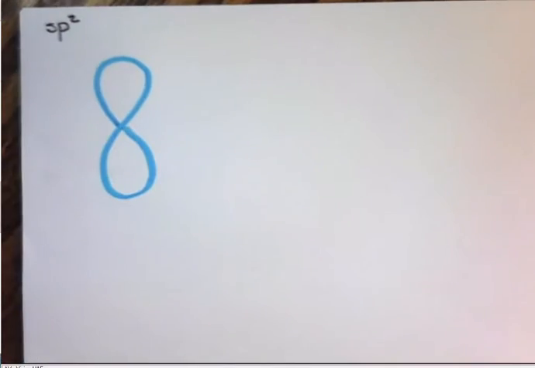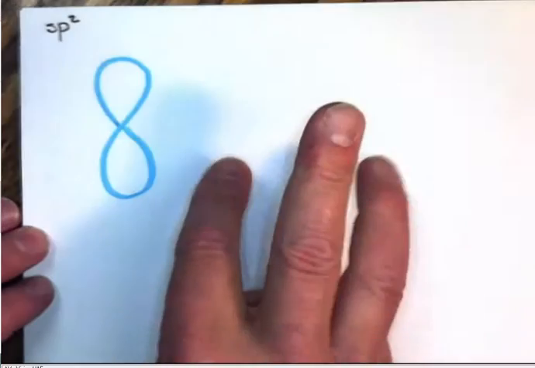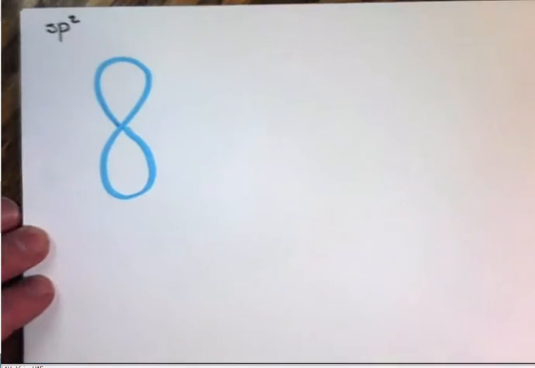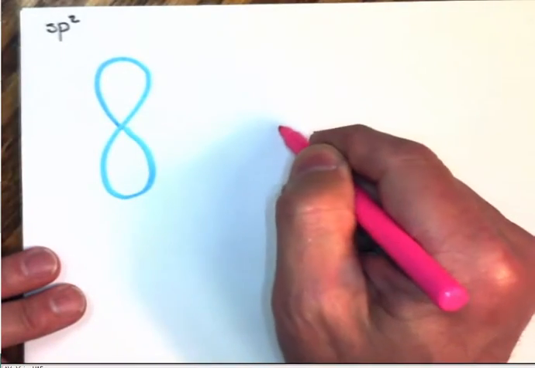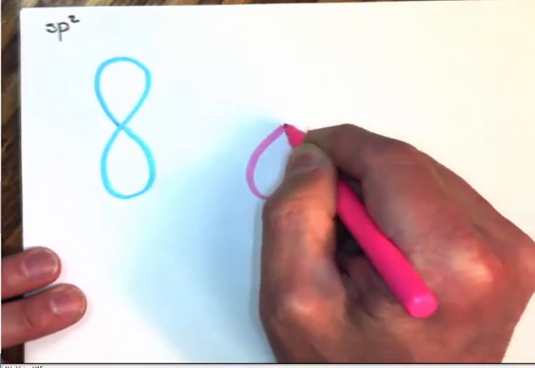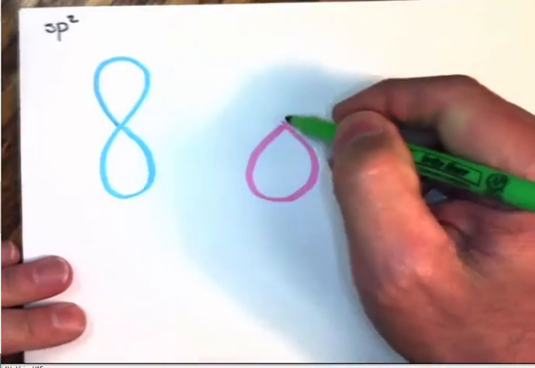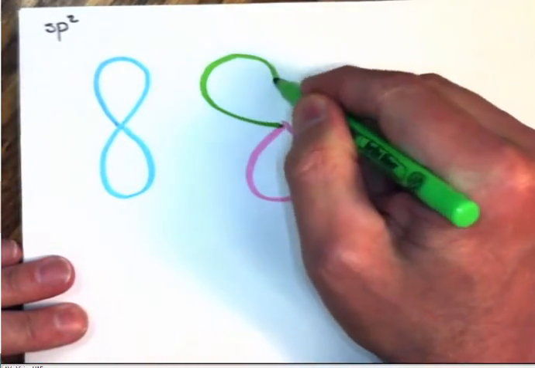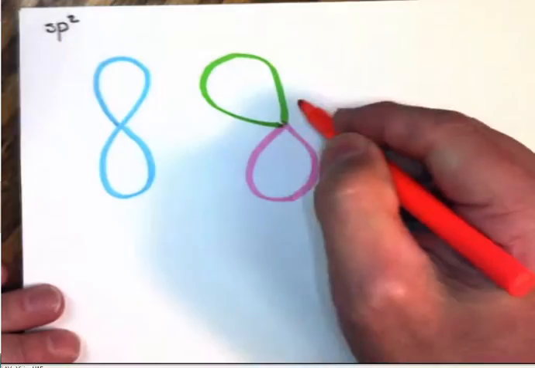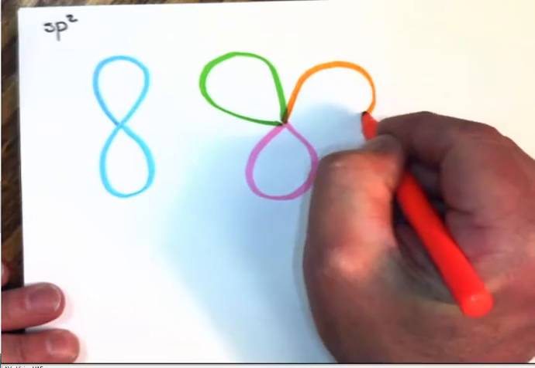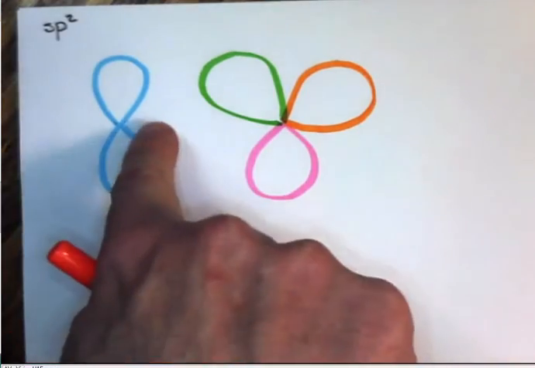Okay, then an sp2 has 3 hybridized orbitals, so those are single balloon shapes. Let's make those. Here's a pink one, and a green one, and an orange one.